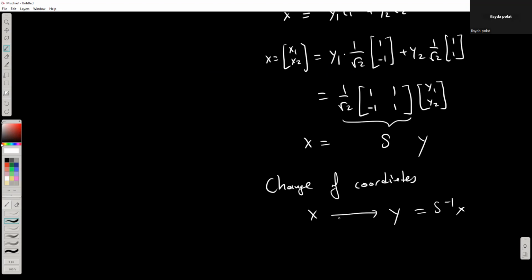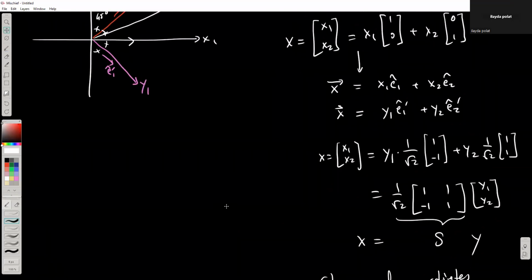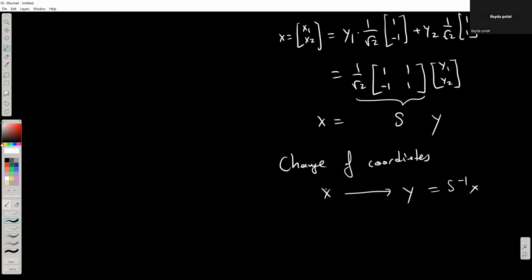Okay. Why do I do this? Because I have a representation, A, basically, which is expressed in terms of these x coordinates. But that representation is going to look simpler if I express it in terms of the y coordinates.